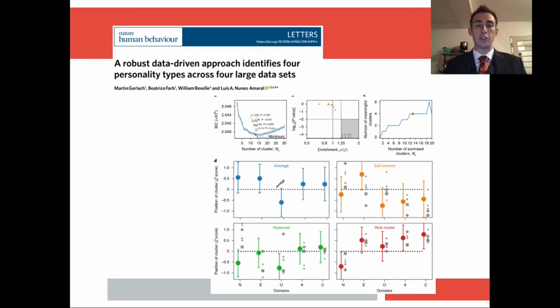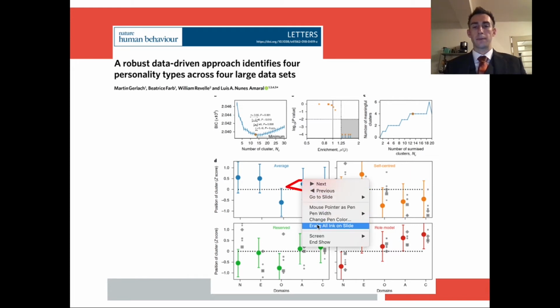One they called the average person, who has relatively high 0.5 neuroticism, high extroversion, low, sort of negative openness, so they're not very open and not super creative, I guess you'd say. And then they have slightly positive agreeableness and conscientiousness.